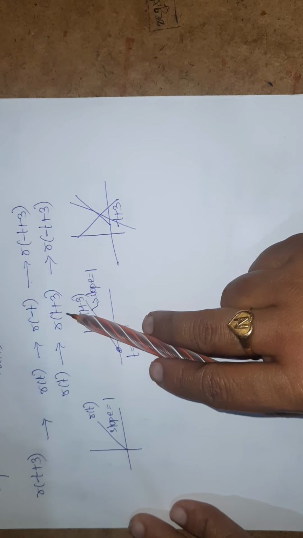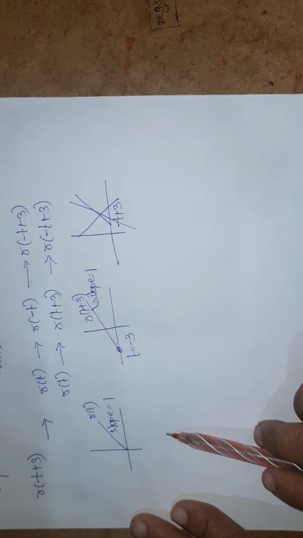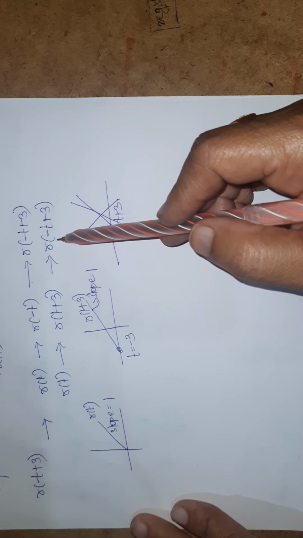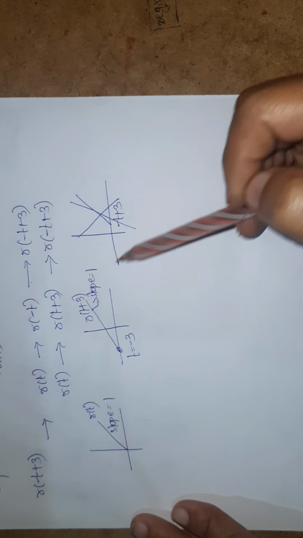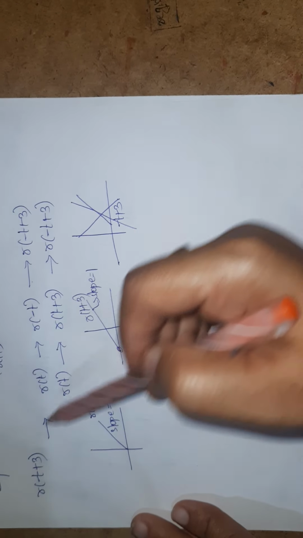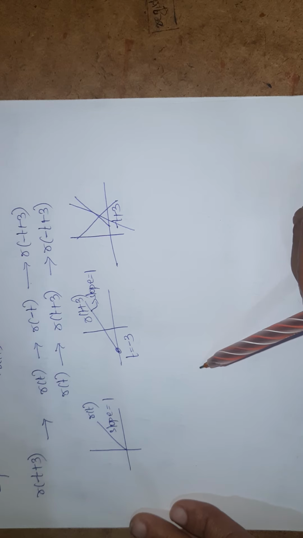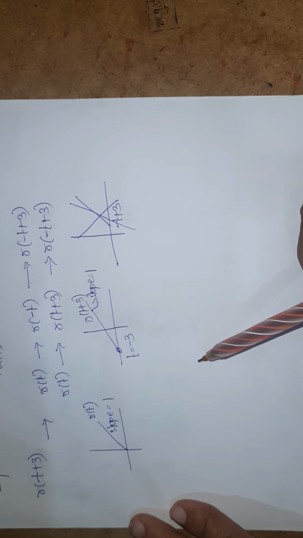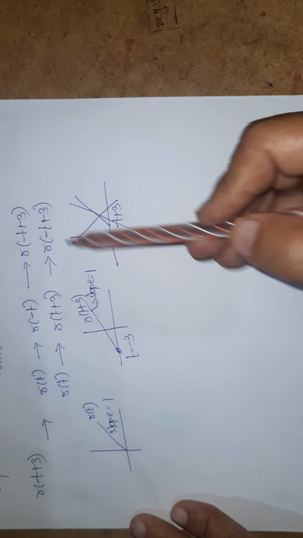So here plus t means the slope is increasing in a positive format, increasing slope. If I consider it as minus 3, then the slope will increase like this, in this direction. Because here slope is not changing, but what is changing?